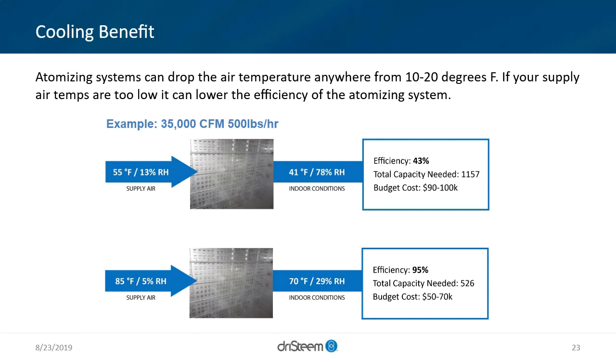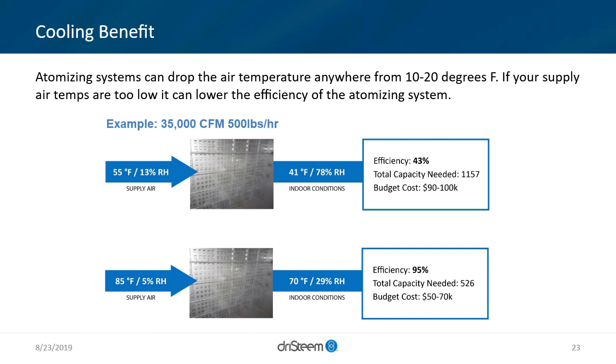So in the top scenario, looking at total capacity needed, our efficiency is not very good. It's 43% with a leaving condition of 41 Fahrenheit. Based on that inefficiency, that pump station needs to be larger, and that water treatment needs to be larger throughout. So that budget cost could be anywhere from $90,000 to $100,000.